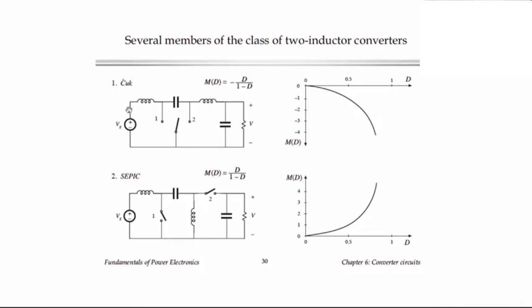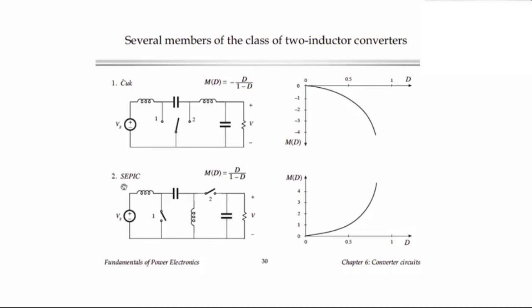Here's just a couple of them. The Cuk converter, we've previously mentioned and derived by cascade of a boost followed by a buck converter. It's an interesting buck boost type converter. It's also inverting. The SEPIC is another converter in this class.